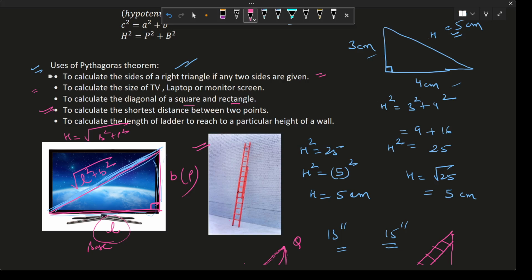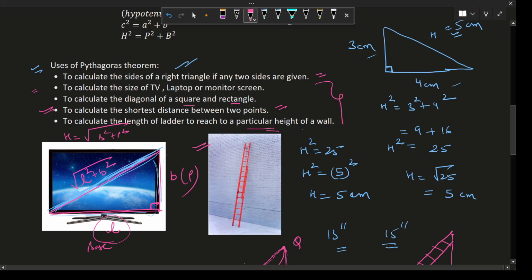That diagonal of a rectangle or a square you can calculate using Pythagoras theorem. Then to calculate the shortest distance between 2 points, and to calculate the length of the ladder to reach a particular height of a wall. So these are a few real life applications, which nowadays my students generally ask, why are we learning it?